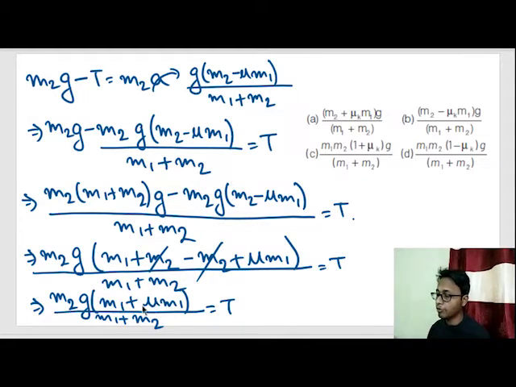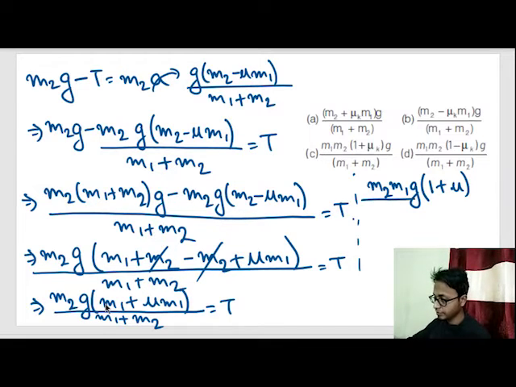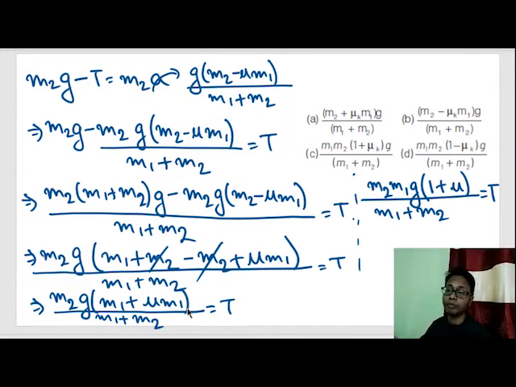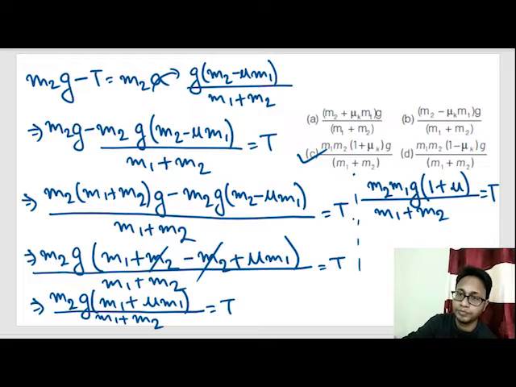If I take M1 common, what do I get? M2 into M1 into G, 1 plus mu. I took this M1 common from out here and out here, by M1 plus M2 is equal to T. So our correct option is option number C: M1 M2 into 1 plus mu G by M1 plus M2.